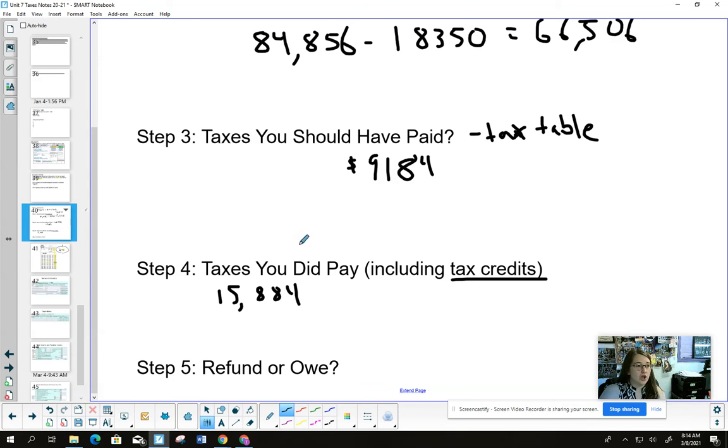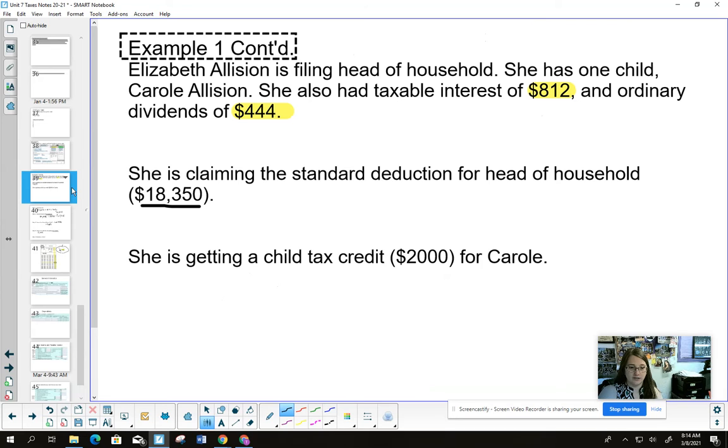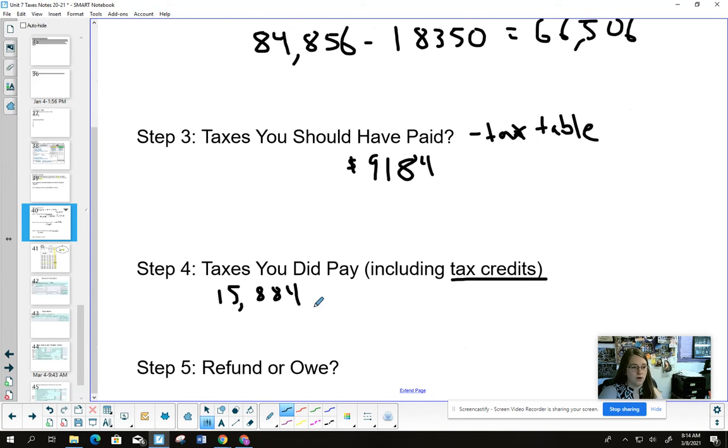However, she also gets a tax credit, right? Because she has a kid. So read through it. How much is she getting for that kid because she has a tax credit? $2,000. Yes, this is why people want to claim kids, because she gets the child tax credit as well.